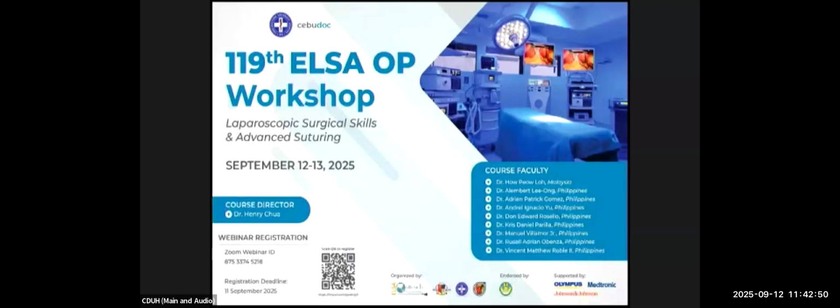As per experience, if we do not preload a patient with fluids and then we suddenly infuse air, pneumoperitoneum, rapidly, definitely that patient's going to crash. That being said, we have to balance between good hydration and not overhydration.